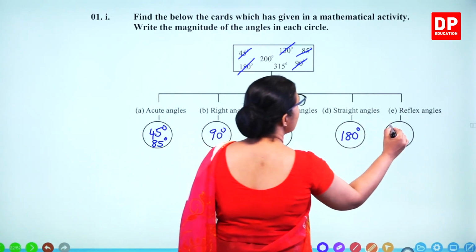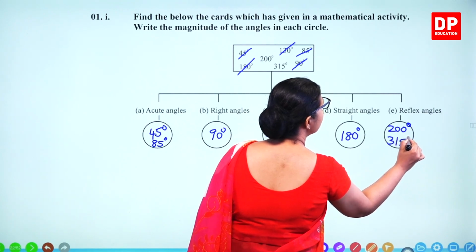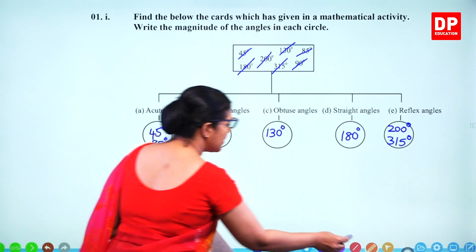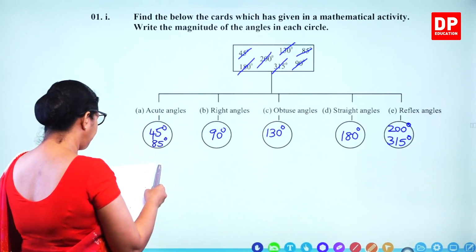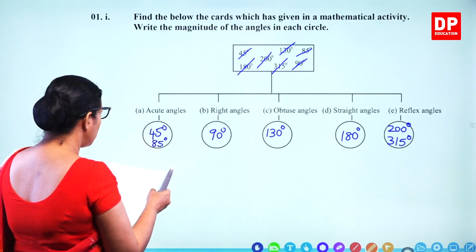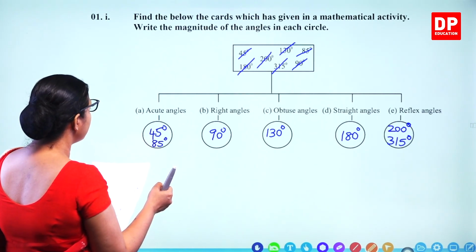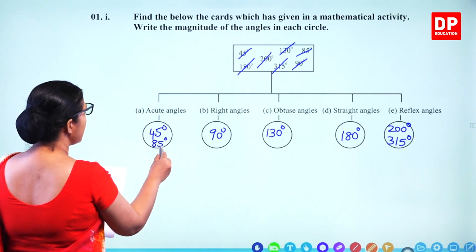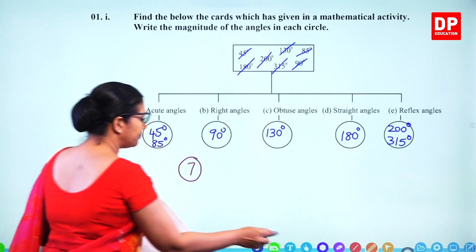So you get 2 angles, 200 and 350. So those are the angles. So how many marks you are getting? You are getting 7 marks for that. 1, 2, 3, 4, 5, 6, 7. 1 mark each. 7 marks.